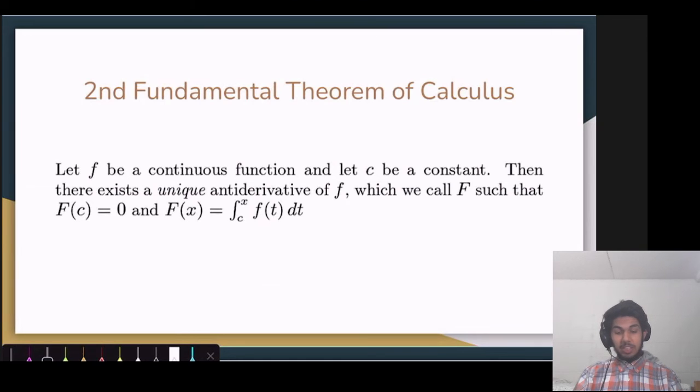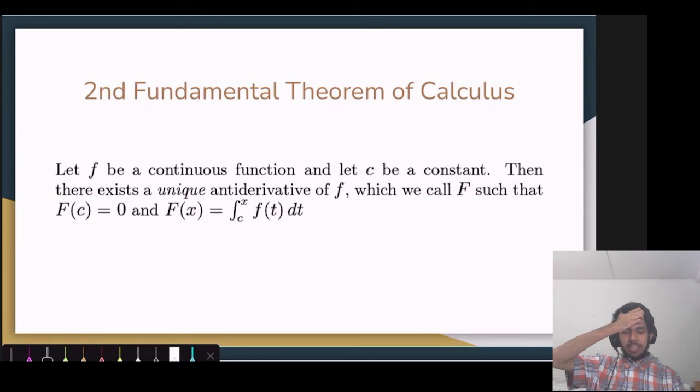Then there exists a unique antiderivative of f, which we call capital F, such that F of c equals 0, and F of x is equal to the integral from c to x of lowercase f of t dt. That sounds very complex, and certainly it is. But at least this first part should be relatively clear.